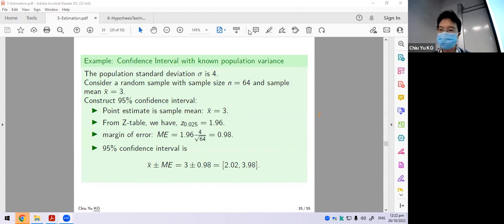So here I have sigma equal to 4, and a sample size of 64. It's big enough, more than 30, so we can apply the central limit theorem. The sample mean is 3. Before we proceed, you can see this will be our good point estimate.